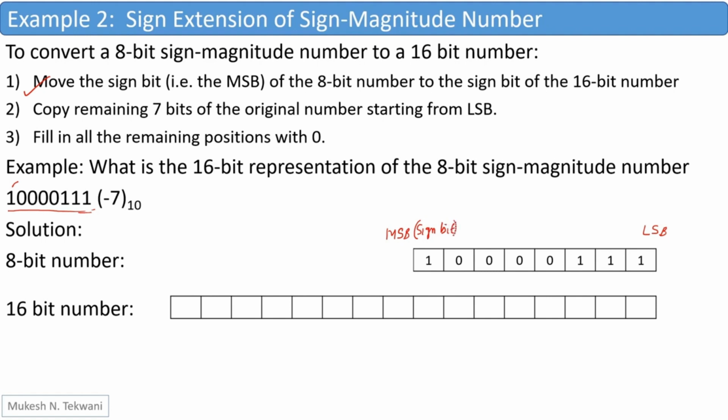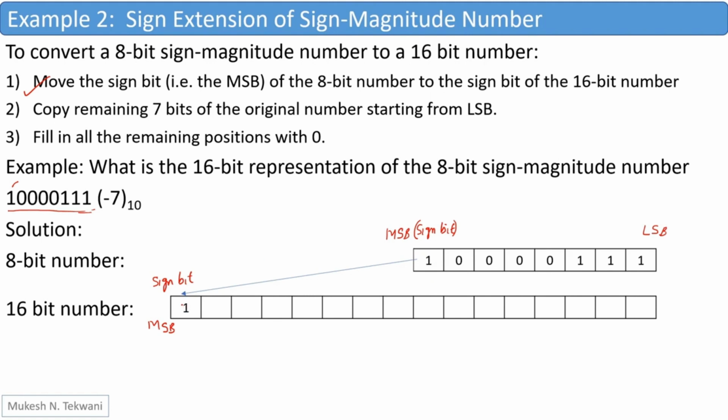So we move this sign bit to the sign bit of the 16-bit number. So this is my 16-bit number, and it will have the MSB as the sign bit. So we move the MSB of the 8-bit number to the MSB of the 16-bit number.